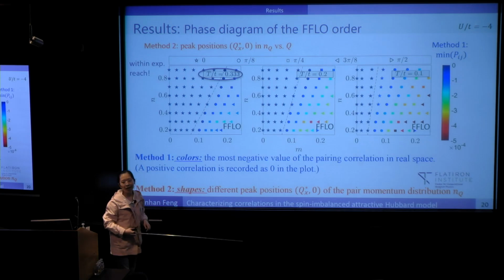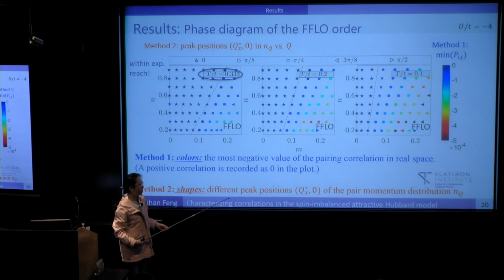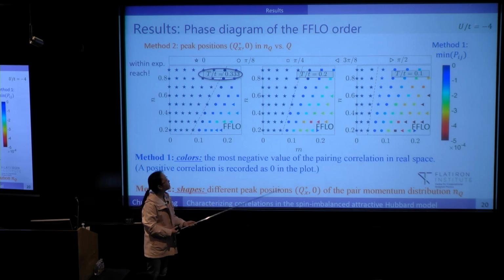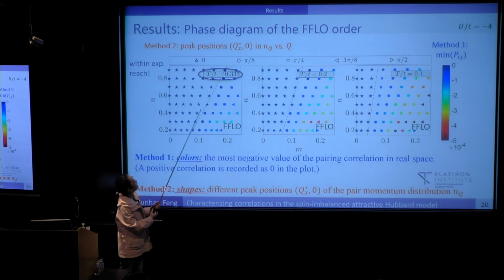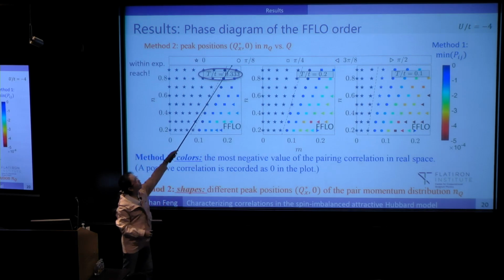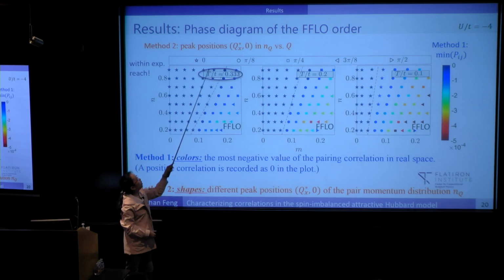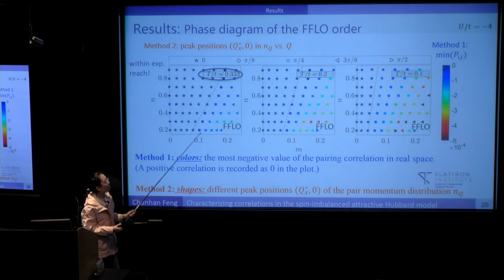And the second method we used to find this phase diagram is by looking at the peak positions of the pair momentum distribution. The peak position is denoted as (Qx star, 0). The different symbols here represent the value of this Qx star. So if Qx star is equal to 0, represented by the star here, it just means the peak is at (0, 0), so there is no FFLO order.